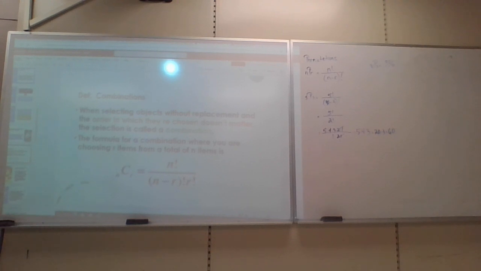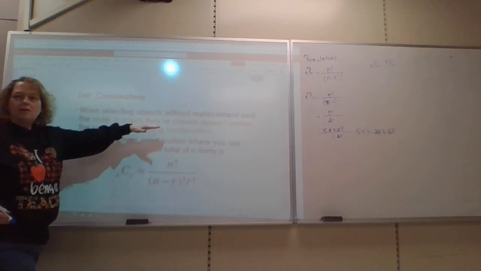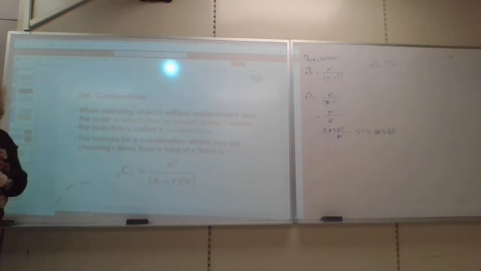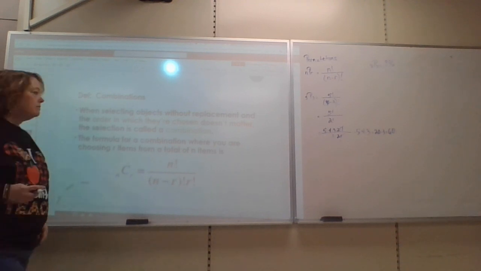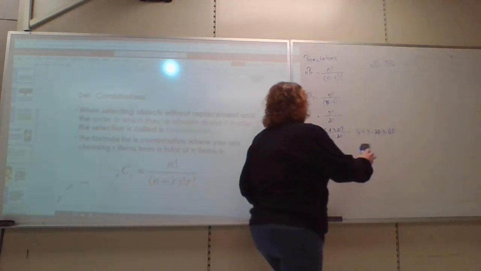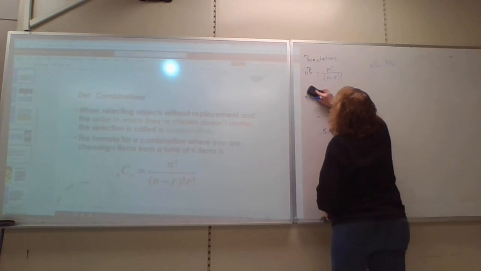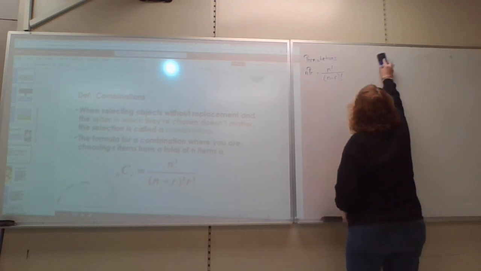The next one, we're going to talk about combination. This is where we're selecting objects without replacement, and the order in which they're chosen doesn't matter. Notice I got that in different colors. Order doesn't matter. This is called combination. This is the formula. Let me erase all this other than that formula.